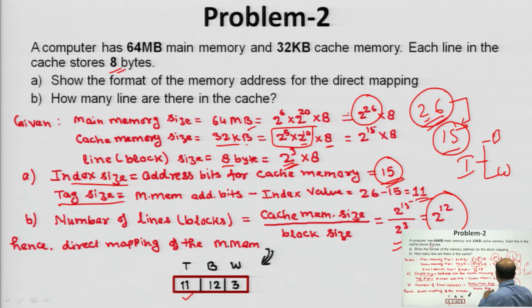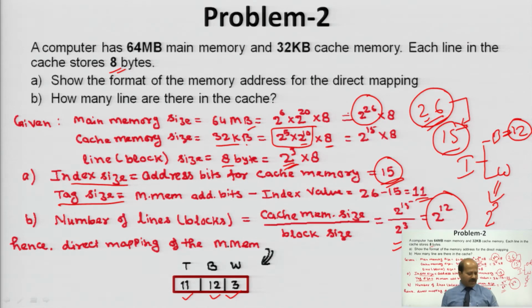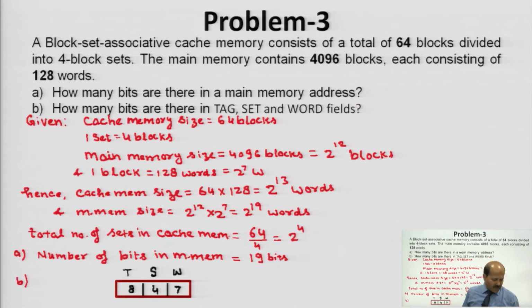The number of blocks comes as 2 to the power 12, so 12 bits are required for block mapping, and in each block there are 2 to the power 3 words, so 3 bits are required. So, 12 bits for block and 3 bits for word in each block. This way we can solve such types of problems of direct mapping and set associative mapping.